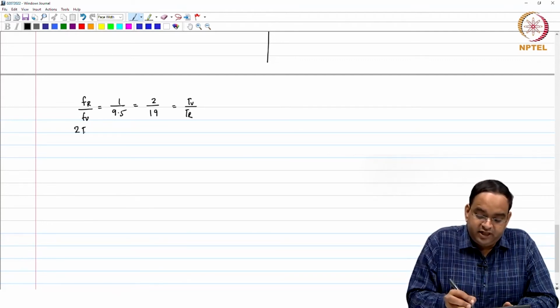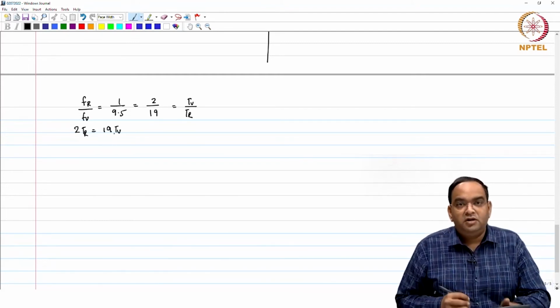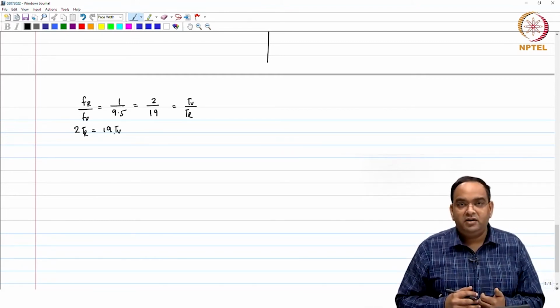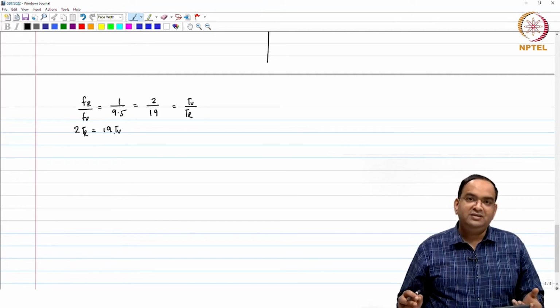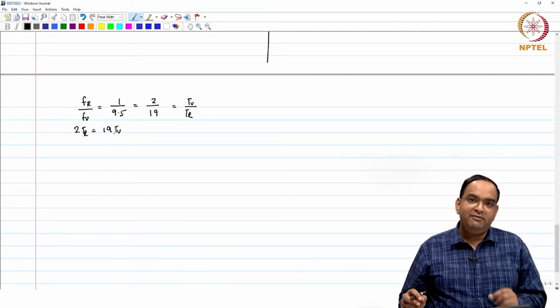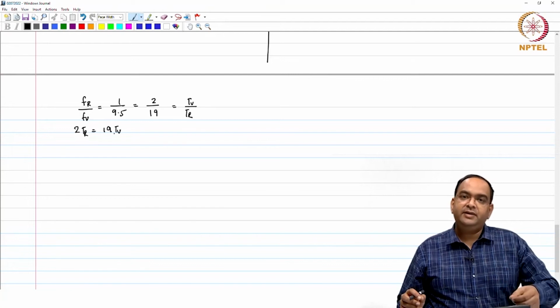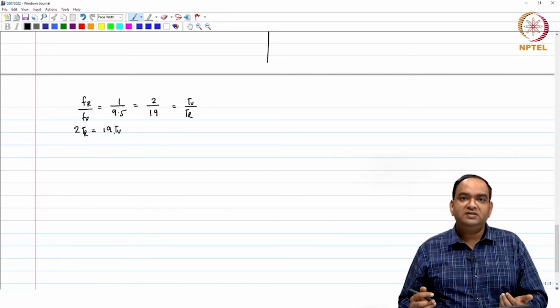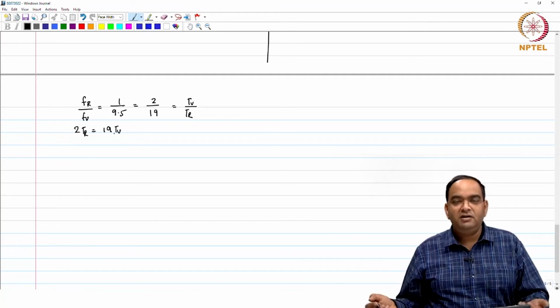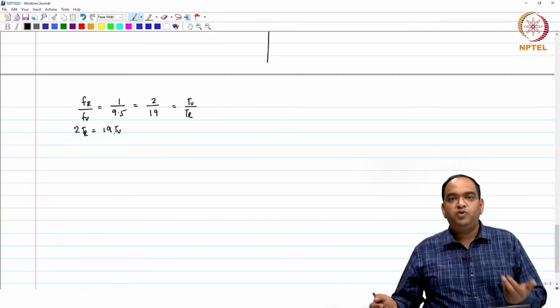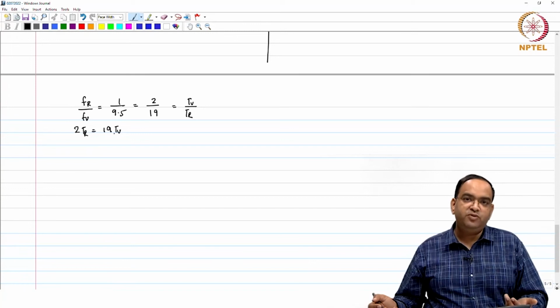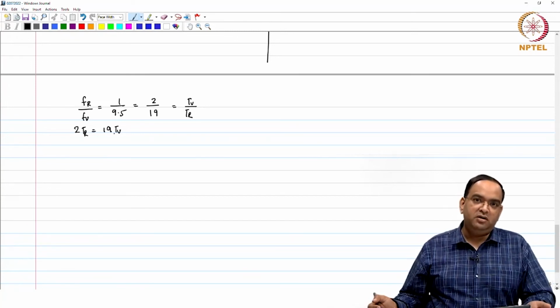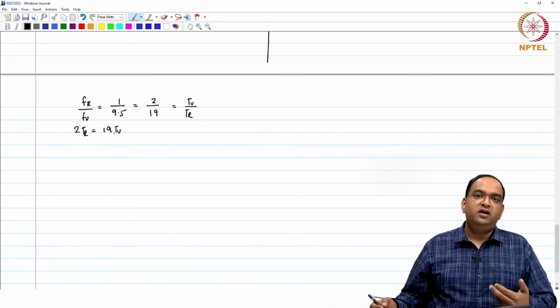So, 2 times the reference period is equal to 19 times the TV period. If I take 2 reference periods and count over them, I will be counting 19 TV periods. If the count after 2 reference cycles happens to be 19, then my estimate for the V frequency will be more correct.